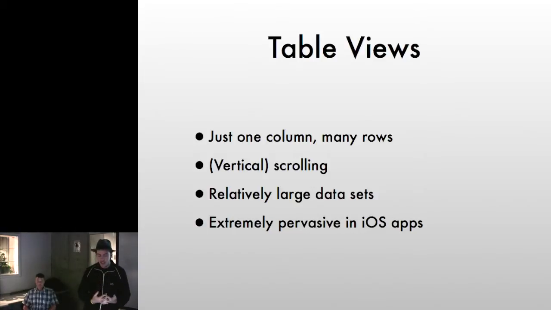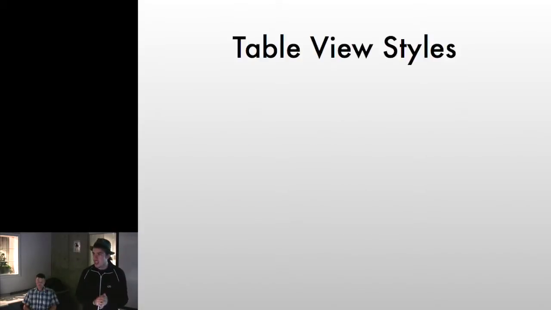But the idea is that it's for fairly large data sets, and they appear all over the place on iOS. It's pretty rare to see an iOS app that does not have a table view in it somewhere. They are really powerful, really useful, and happen a lot, so it's really useful to know how to play with them.